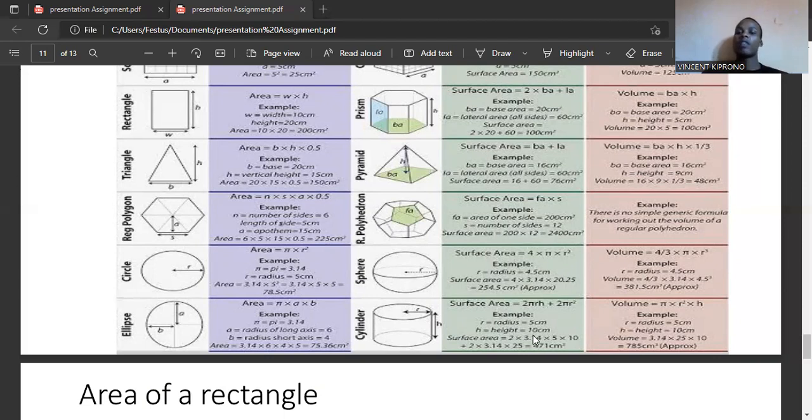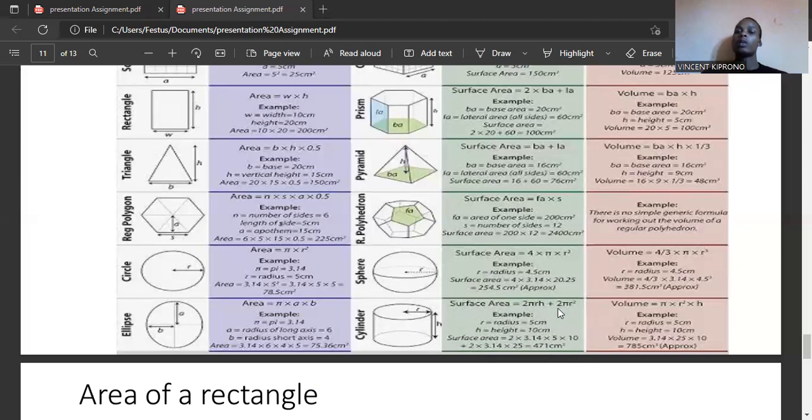Then lastly, we shall have the surface area of a cylinder. When we talk about cylinder, we shall combine 2 parts. We shall have the surface area of the inner and the surface area of the outer. The inner is 2 pi r squared, and then the outer, 2 pi r h. So we shall start with the outer, 2 pi, that's 3.14 times radius 5 times height 10.